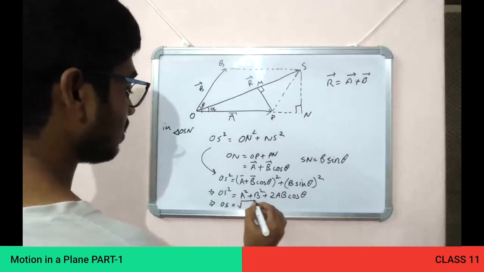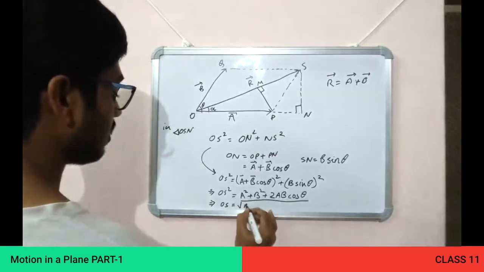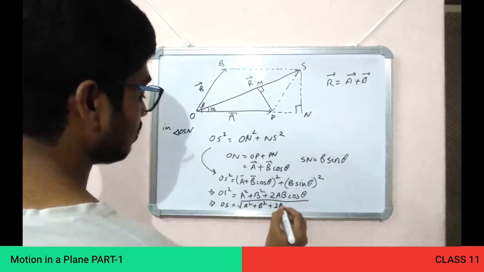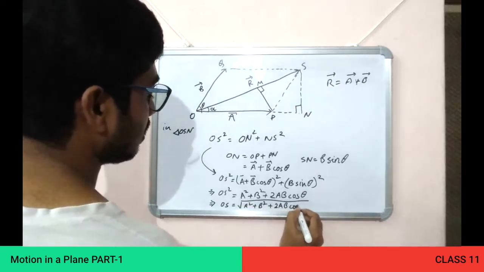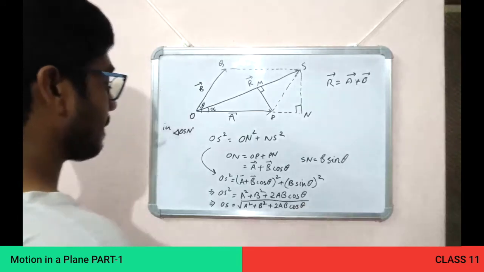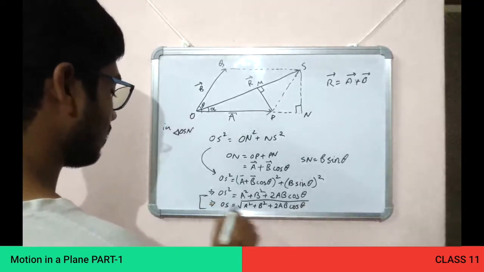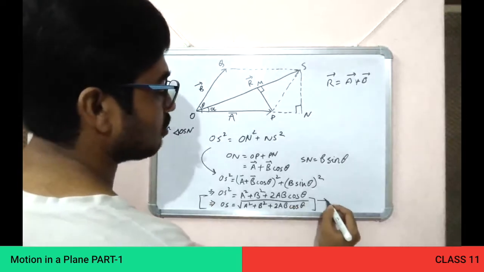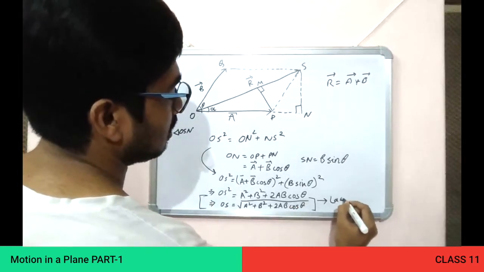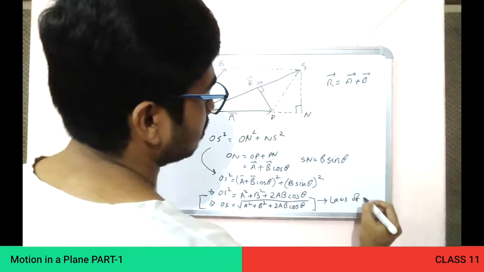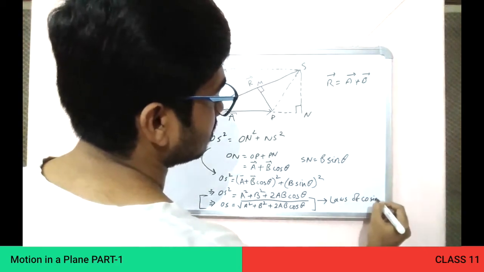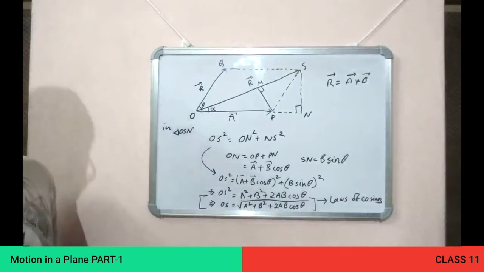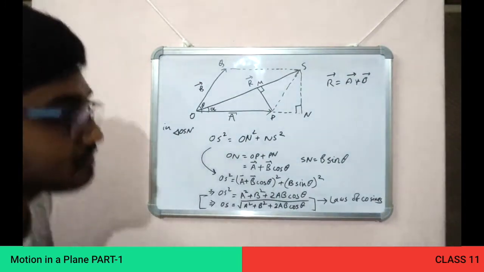It is root under A square plus B square plus 2AB cos theta. And this is a very important formula and it is known as the law of cosines. Pause the video and copy.